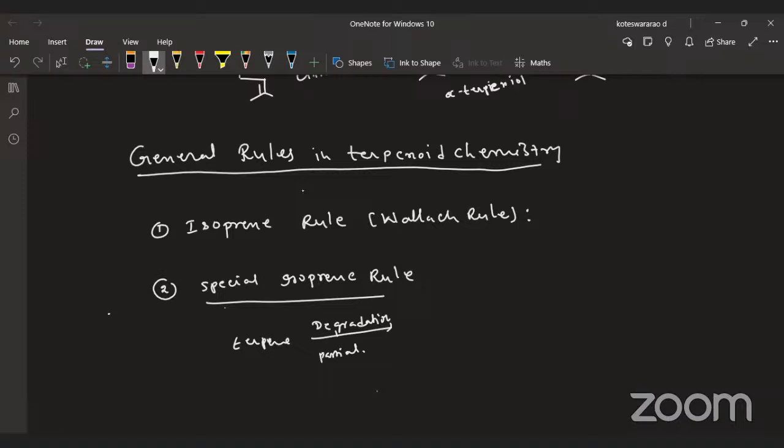Partial degradation means, suppose you want to break an article and you just break it into two parts. That is partial degradation. If we broke it into 100 parts, that is complete degradation. Right?